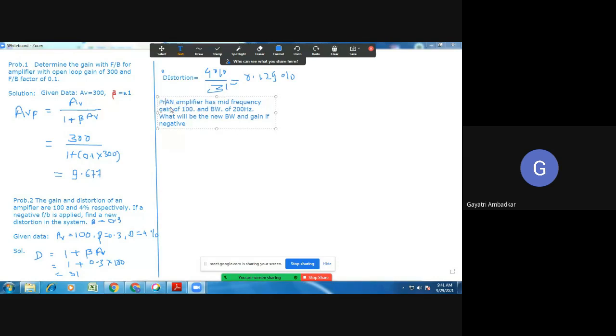Third problem. An amplifier has a mid frequency gain of 100 and bandwidth of 200 hertz. First, you have to find what will be the new bandwidth and gain if 5% negative feedback is introduced.